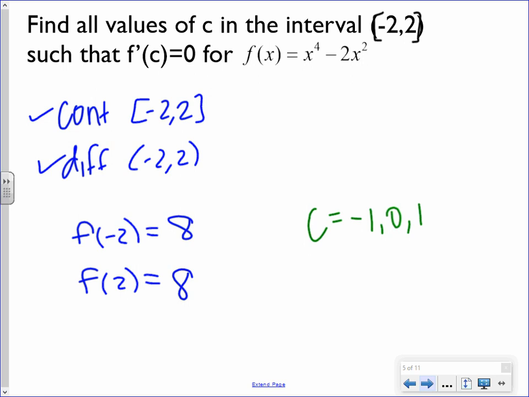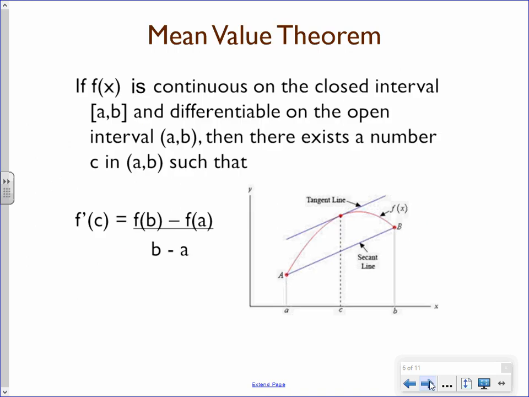Okay, so the mean value theorem, we are no longer going to be at the same height, but we are going to talk about the slope between the 2 points. Okay, so please do not write anything down yet. I want you to just look at this picture with me.